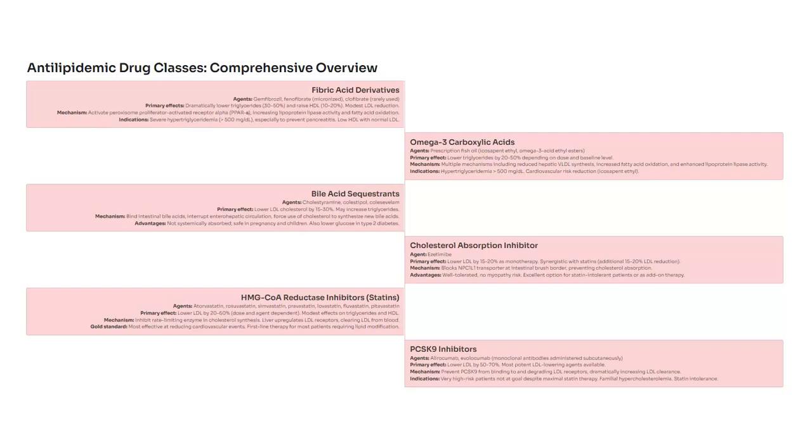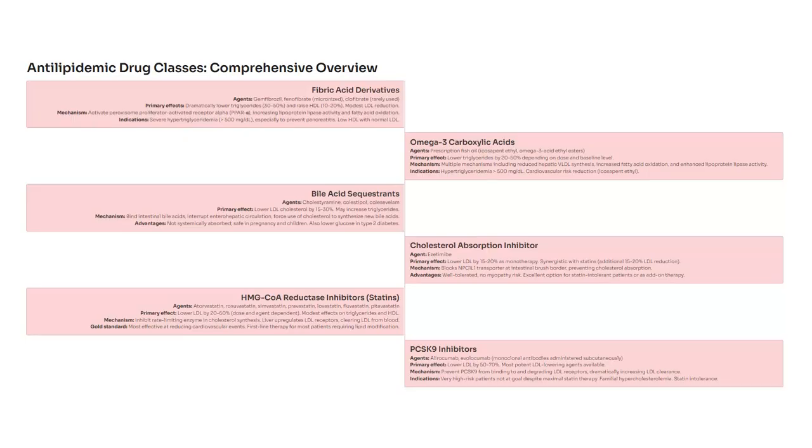Fibric acid derivatives like gemfibrozil or fenofibrate lower the triglyceride levels by about 30 to 50%, and they raise HDL about 10 to 20%, and there's a modest LDL reduction. So that's fibric acid derivatives, gemfibrozil, fenofibrate.